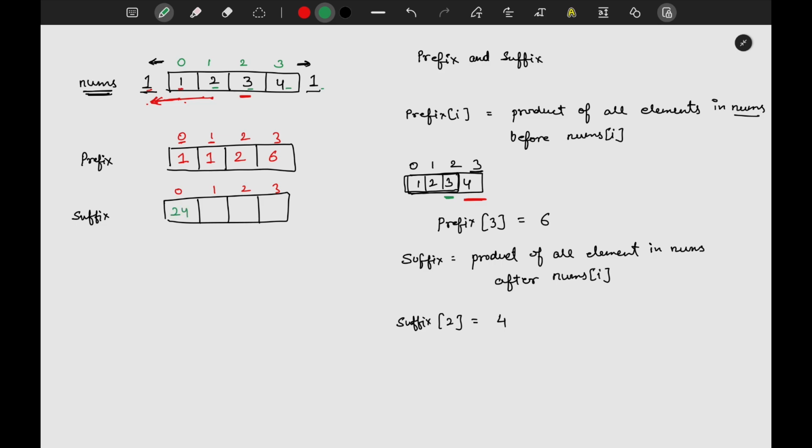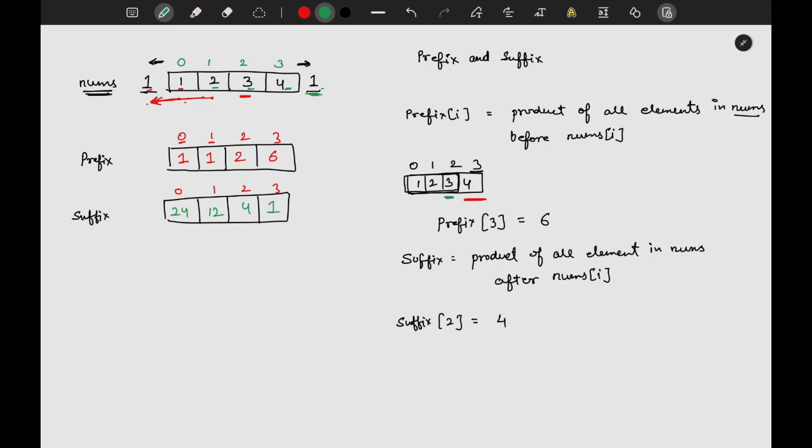Then for the first position, suffix[1], it will be 12, right? 3 and 4 and 1. Then for 2, it will be 4. And for 3, after nums[i] we have 1, so we will have 1. So that's why we took this assumption that there is a 1 before index 0 and a 1 after index number 3.